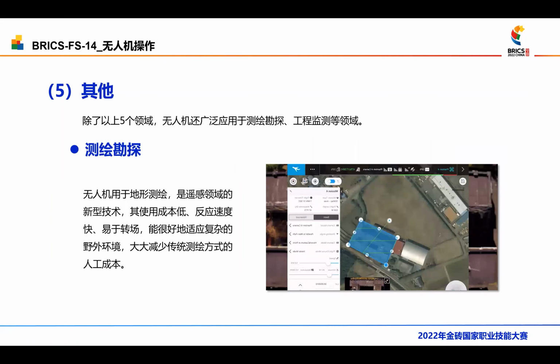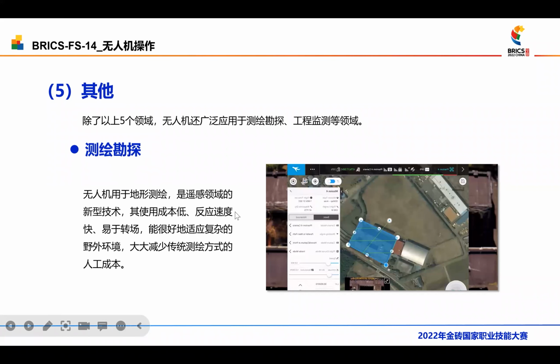In addition to the above five fields, UAV is also widely used in surveying and mapping, exploration, engineering, monitoring, and other fields. Let's have a look at the surveying and mapping exploration.